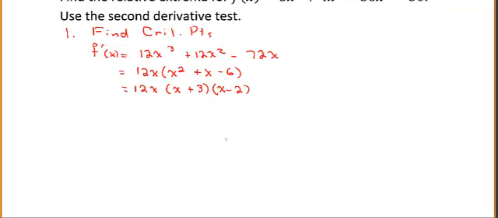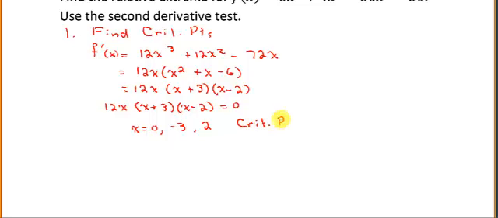Yes, okay. Remember our critical points were where this is going to be 0. So let's set this to 0. Obviously it's going to be 0 when x is 0, when x is negative 3, and when x is 2. These are going to be the critical points, or we had called these stationary points because they make the first derivative 0.